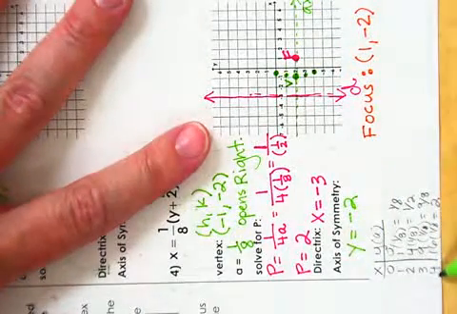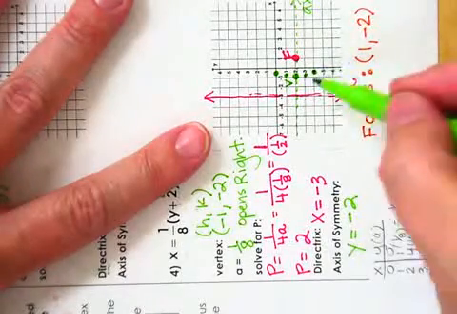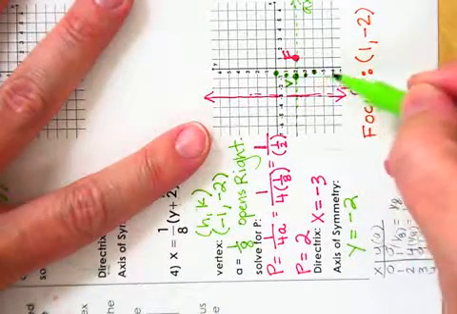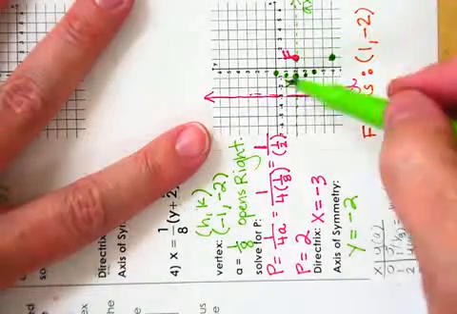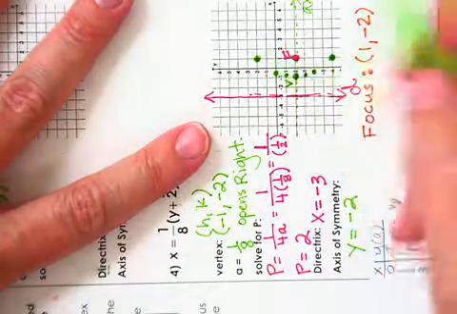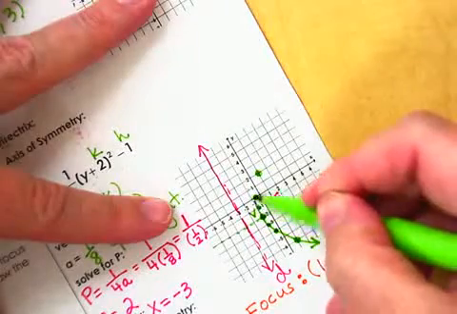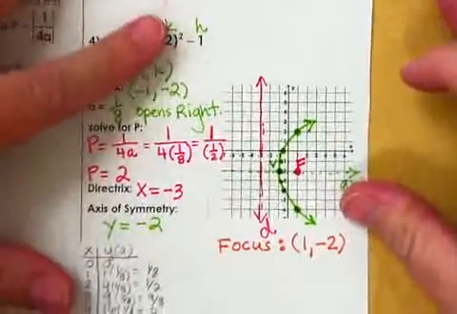When I go over 4, it's up 2. Okay, so there's our parabola there, all those pieces graphed.